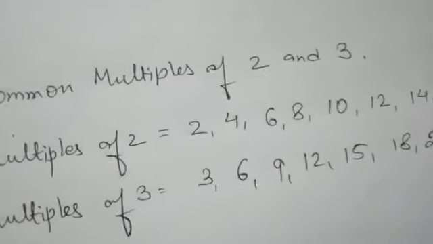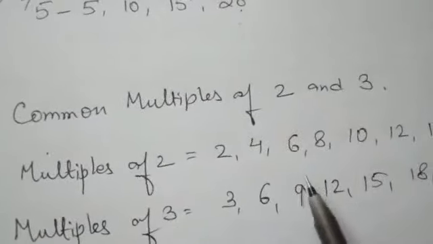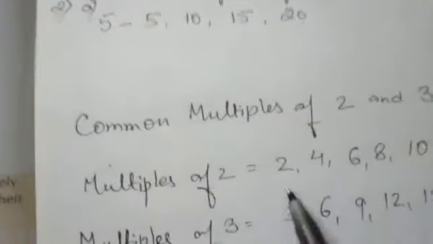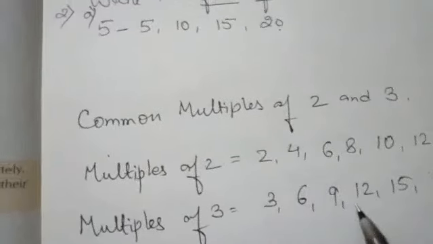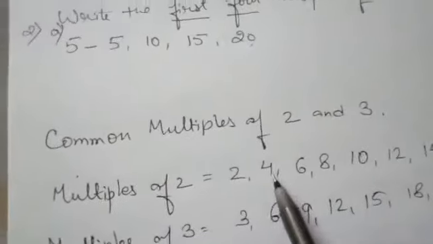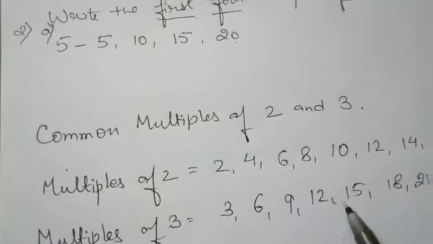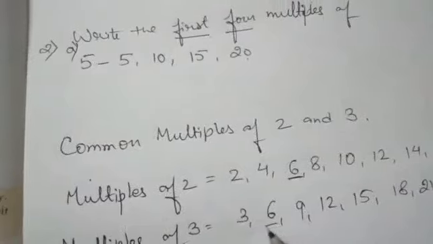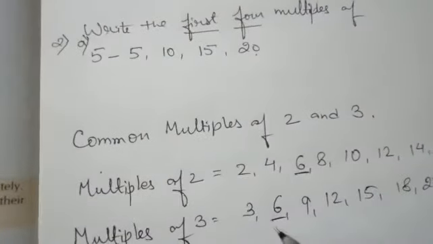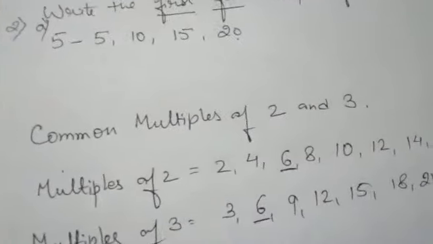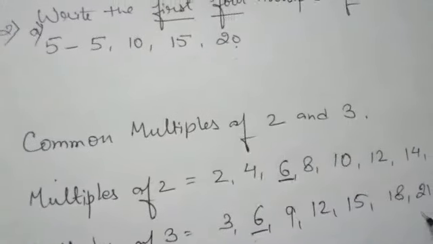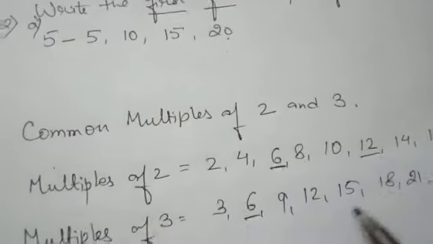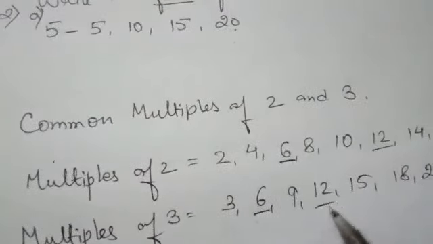Common multiples means you have to check the numbers which are coming in both the tables. See, 2 is over here, but is 2 here? No. So it is not common. Again see 4. Is 4 here? No. But here you can see 6 is here and 6 is also coming in 3's table. So these two are common. 8, no 8 over here. 10, no 10 over here. 12: 12 is here in 2's table, and 12 is in 3's table also.